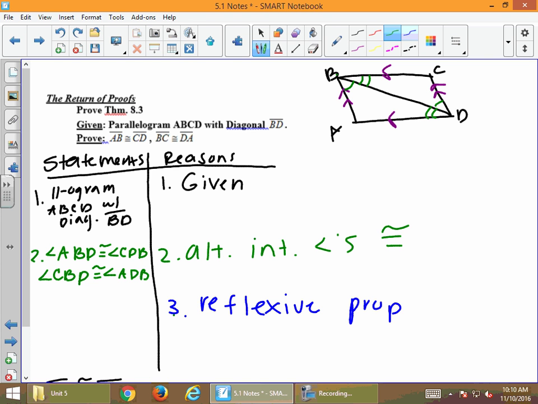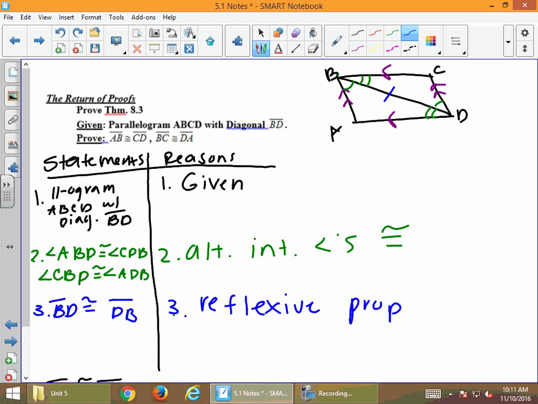What about the reflexive property? What side are they sharing? Yeah, BD. So when we have to write it, we would say BD is congruent to DB. It's congruent to itself, but it's flipped in those triangles. So when the triangles are flipped, you have to flip that shared side.